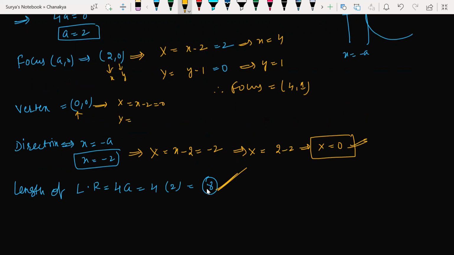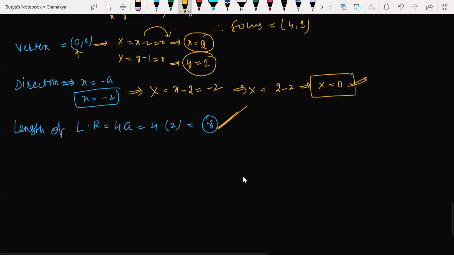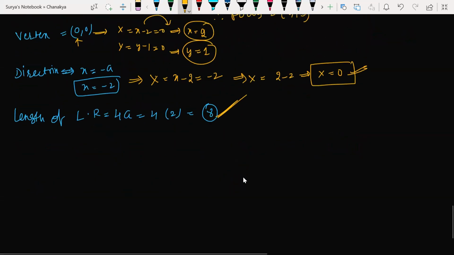So y is equal to, x minus y minus 1 here. Correct. So what is x here now? Minus 2 plus 0, 2. And y is going to be what? 1. So the vertex is going to be at 2, 1.